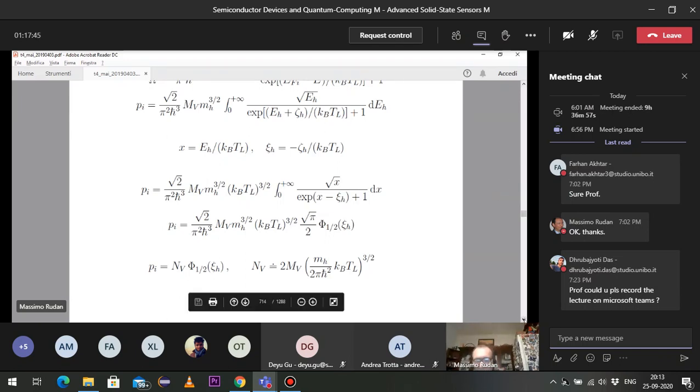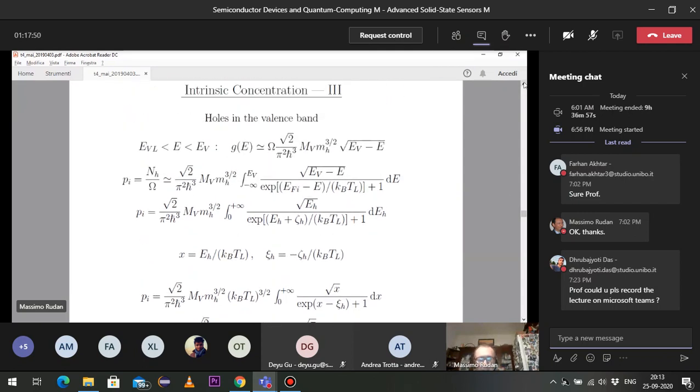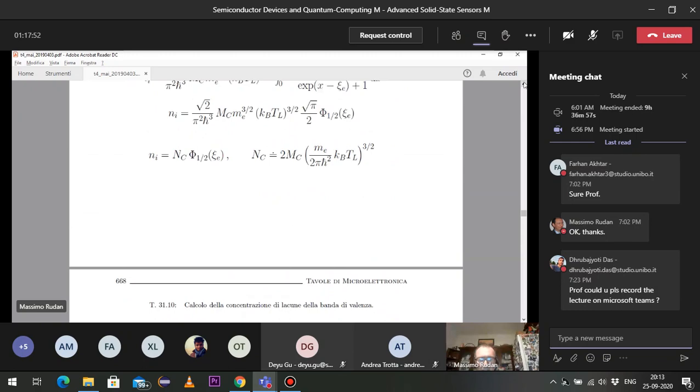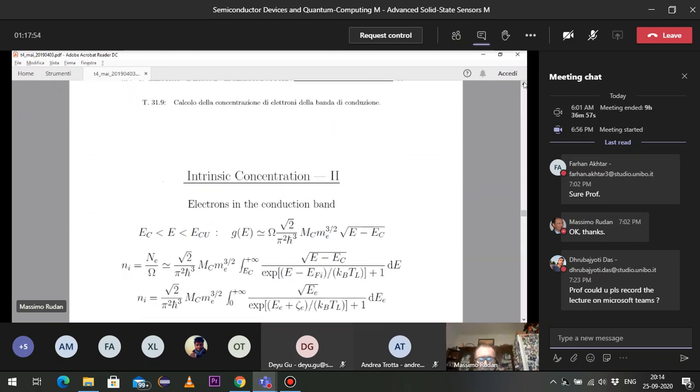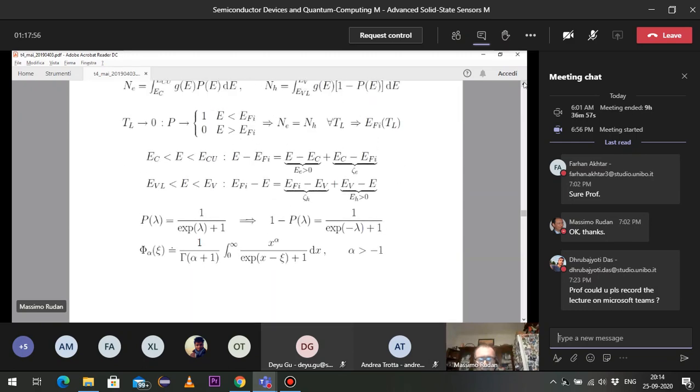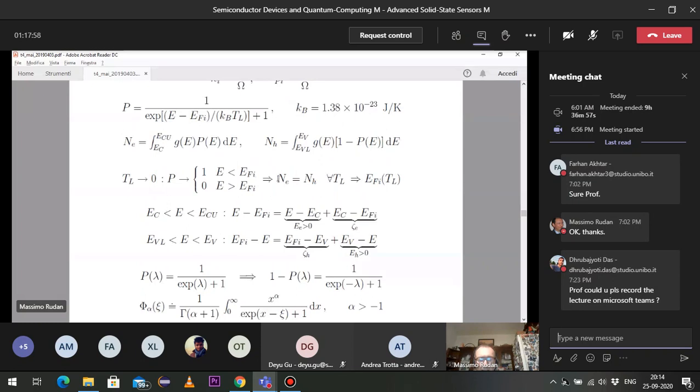Well, we remember that we made a reasoning that showed us that NE, total population of the electrons in the conduction band, is equal to NH, total population of holes in the valence band, okay?